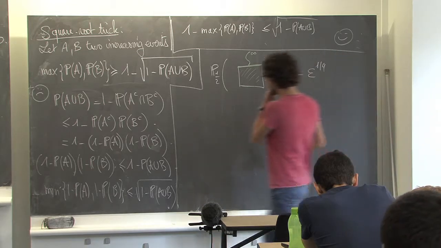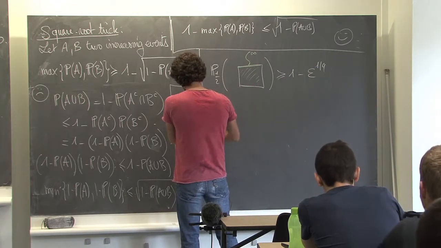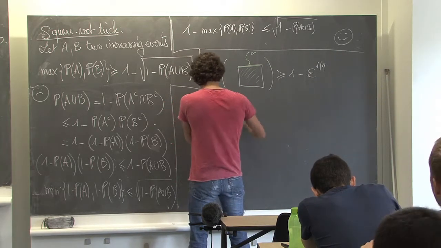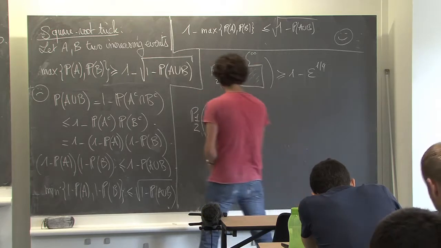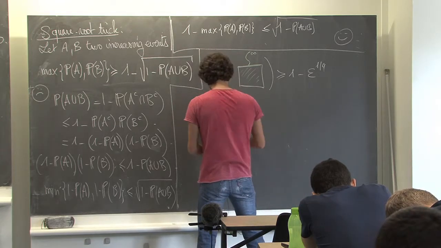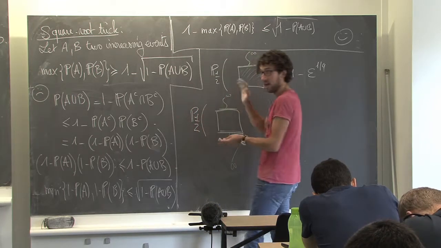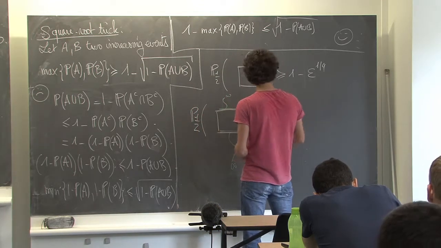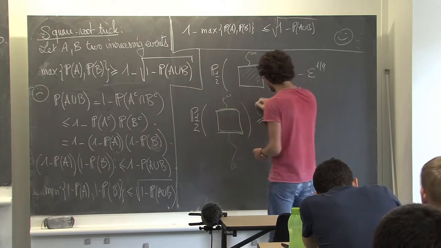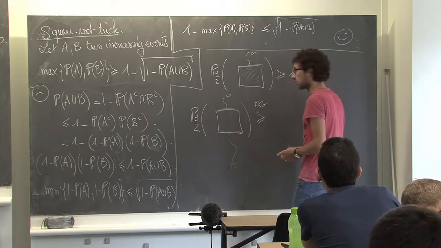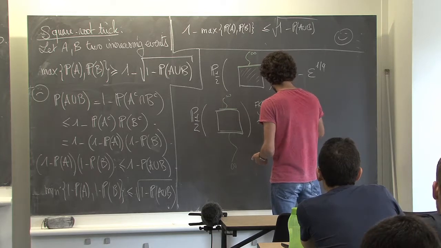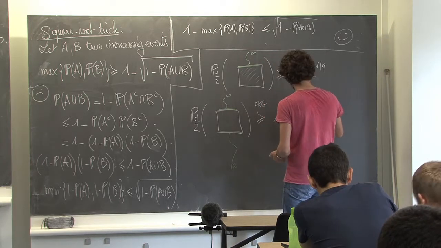So the probability at 1/2 of the top connected to infinity and the bottom connected to infinity, maybe by the same path, I'm not saying that they are disjoint paths, is larger, by the FKG inequality, than the square of this guy.